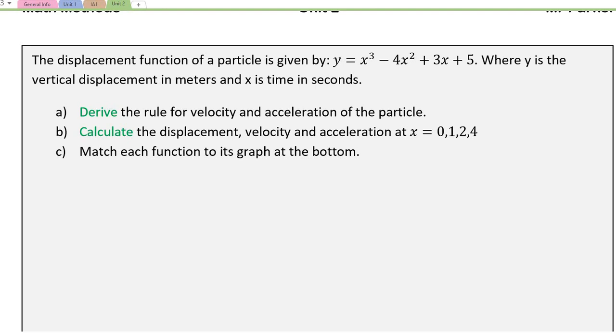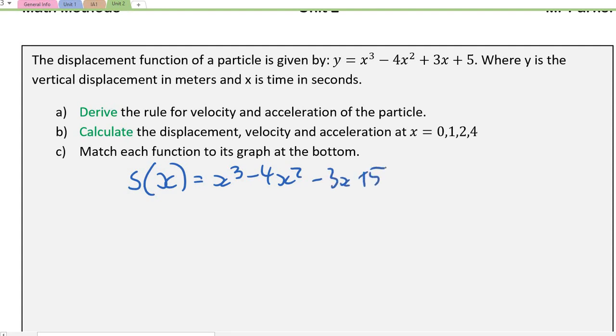Let's roll. So I have the rule for displacement. Now I'm going to do something a little bit different here. It says y equals. I'm going to say my displacement as a function of x equals x cubed minus 4x squared plus 3x plus 5.